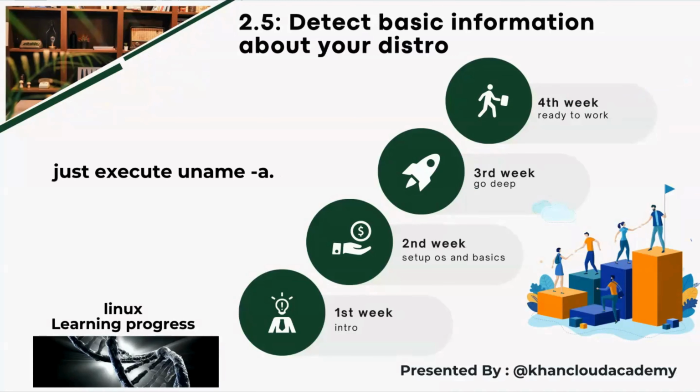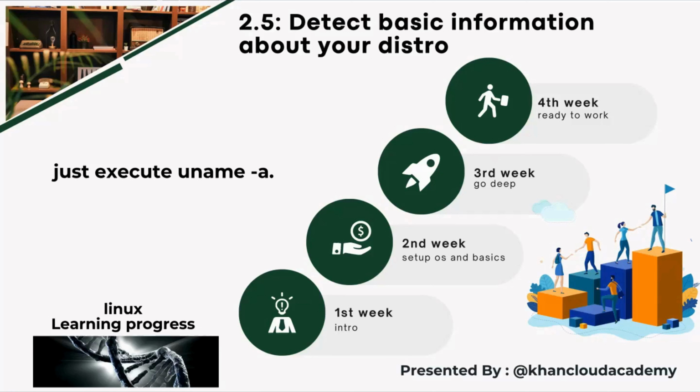Use a hypervisor kind of environment, for example VMware Fusion or VMware Desktop. Go deep with the learning, just continue with this course, and I will guide you step by step. By the fourth week, you are ready to work even in a production environment, so you can work on it confidently.